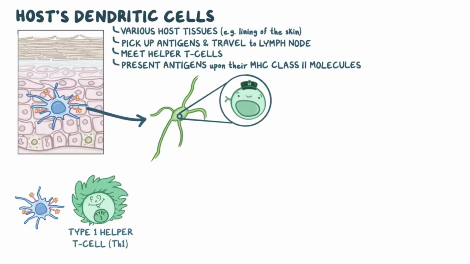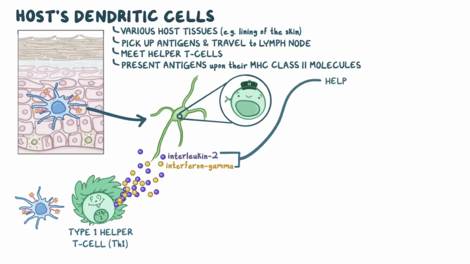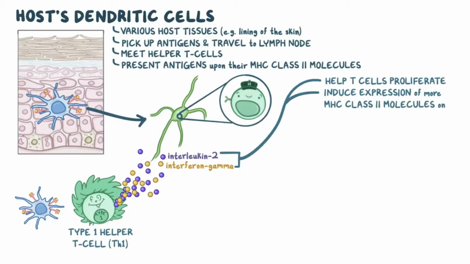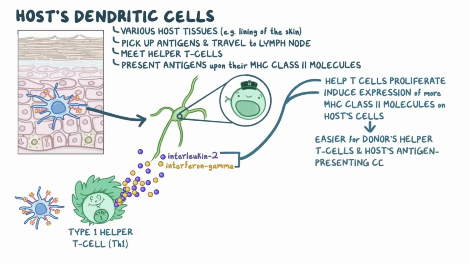Th1 cells then start releasing the cytokines interleukin-2 and interferon gamma, which help both themselves and other T cells in the area proliferate. At the same time, these cytokines induce the expression of more MHC class II molecules on the surface of the host cells, which makes it easier for the donor helper T cells and the host antigen-presenting cells to interact.